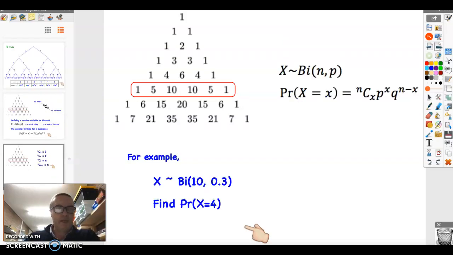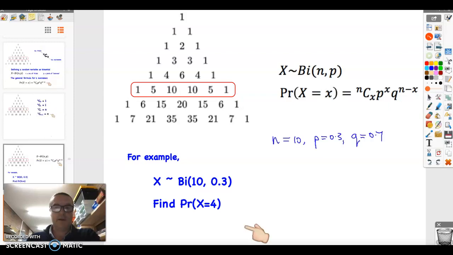In a particular example, let's say we have a binomial distribution with 10 trials and a value of P which is 0.3, and we would like to know the probability of 4 successes. We now have a general formula that we can use to calculate that probability.